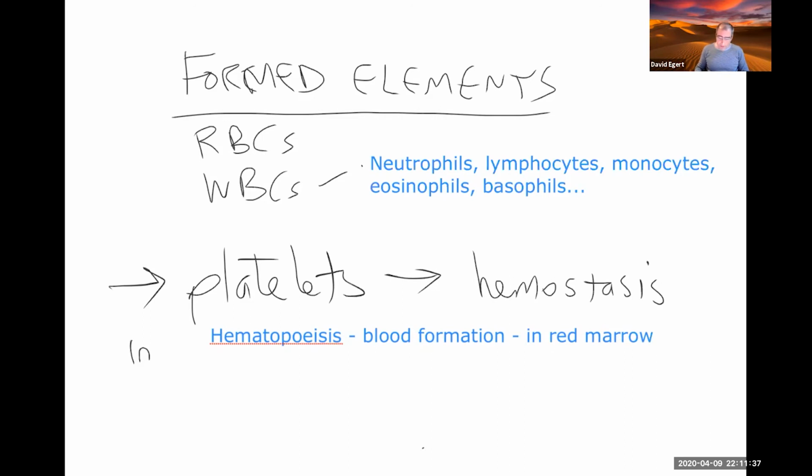You have cells that can make all of these other blood cells we just talked about called hemocytoblasts. These are basically the blood stem cells. And then there are also these big cells called megakaryocytes.